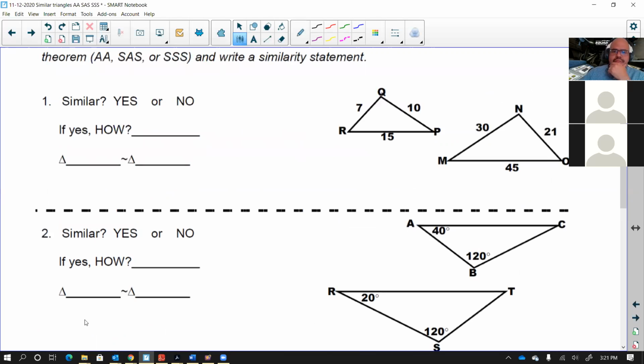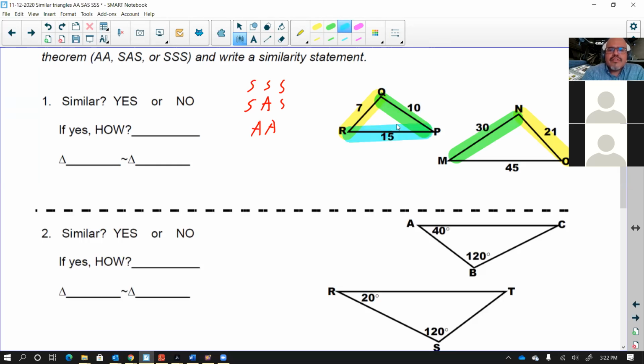All right. So right here we have three types of similarity: side, side, side; side, angle, side; and angle, angle similarity. We're going to have to match up the sides as small, medium, large. The small side is 21, 10 is the medium, and right here the medium is 30.